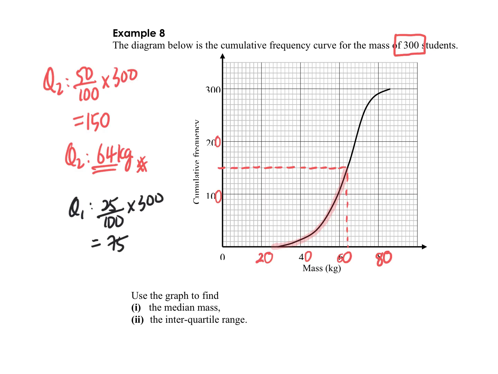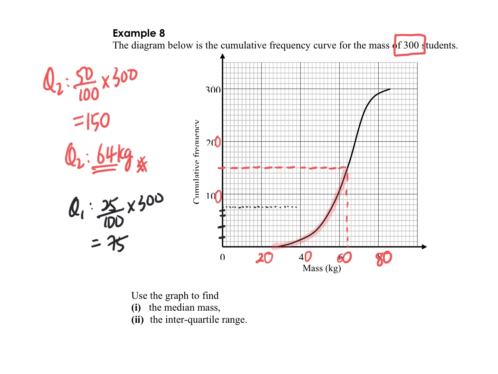Go and find 75 of them. Every 2 boxes is 10, so 1 box is 5. Oh no, each box is 10, right? My bad. 2, 4, 6, 7, 5.